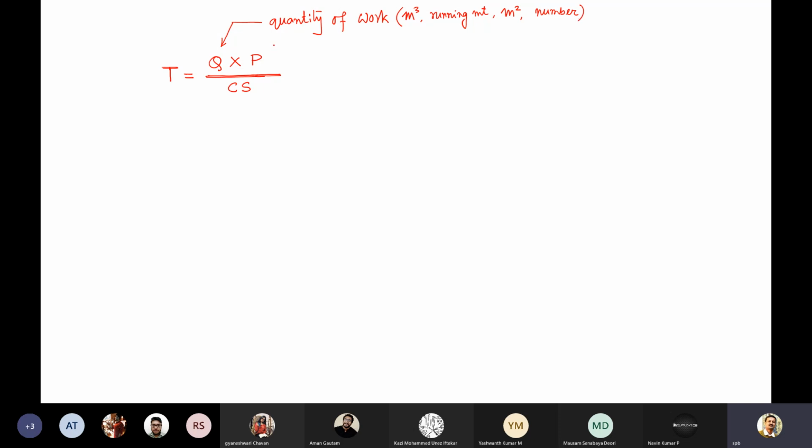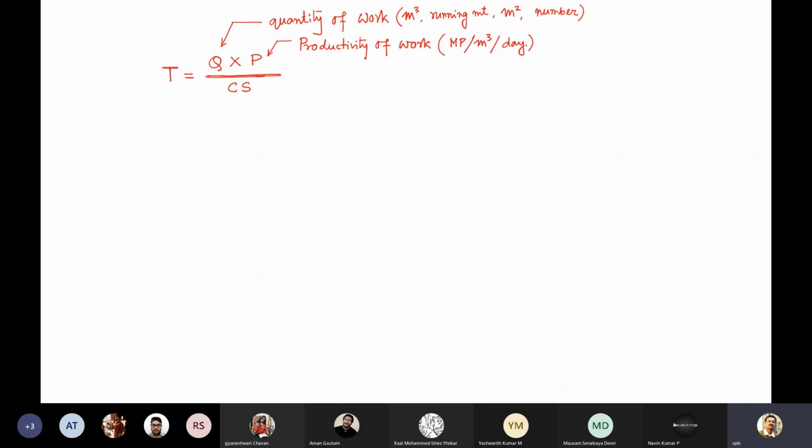The P is the productivity, per day productivity of work. It can be expressed as the manpower per meter cube of work per day.